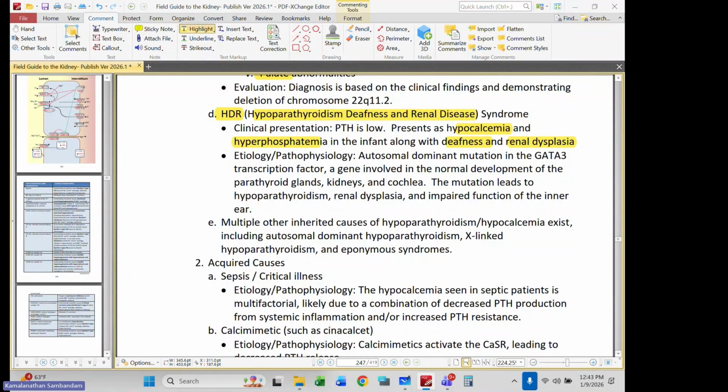Here is also another deafness syndrome, but you also can have hypoplastic ears and various abnormalities in development of the external ear and kidney disease. So here's another example of one of those. This is another defect in a transcription factor that regulates parathyroid gland development, kidney development, and inner ear development. Okay.